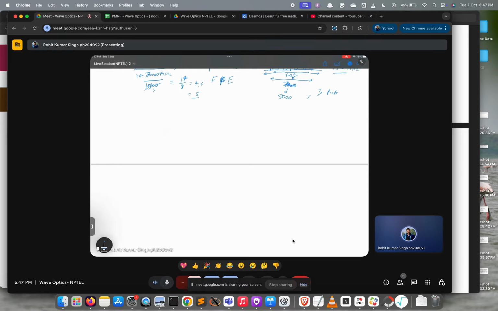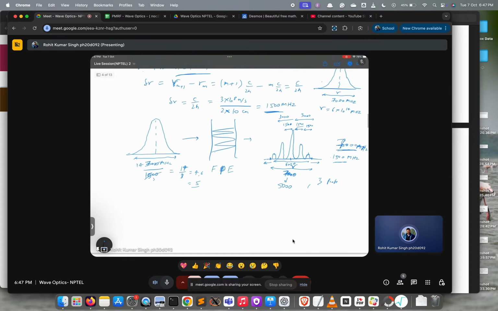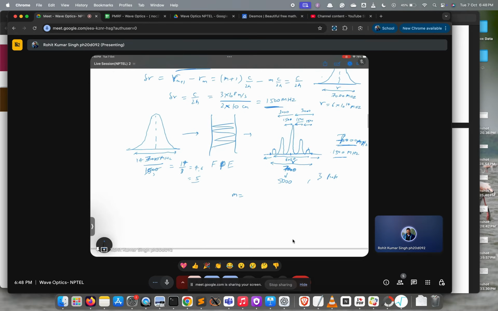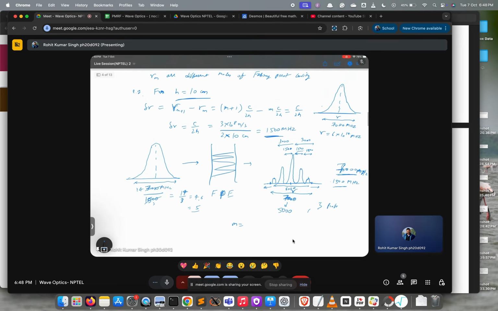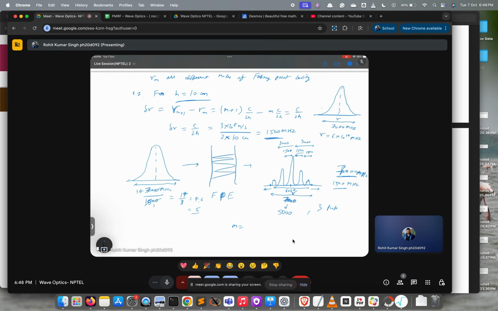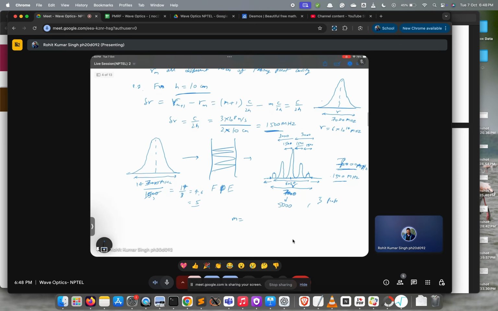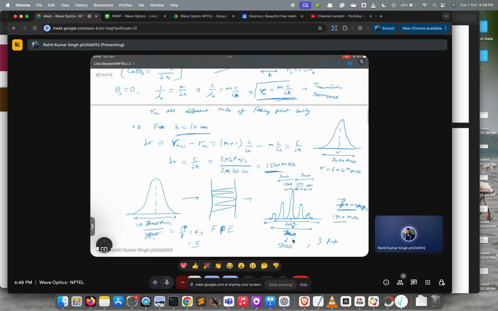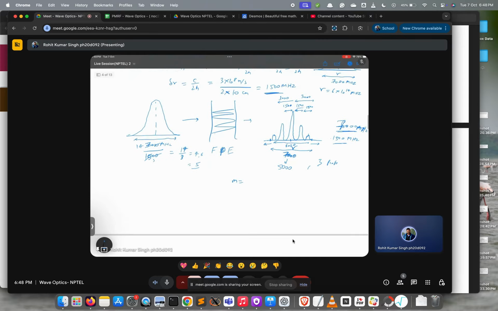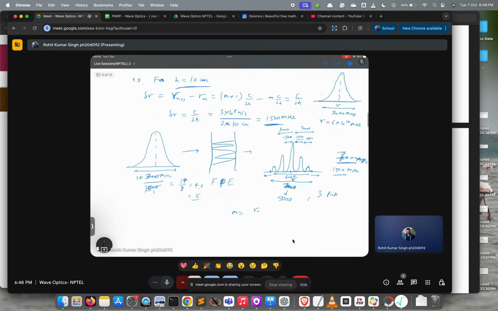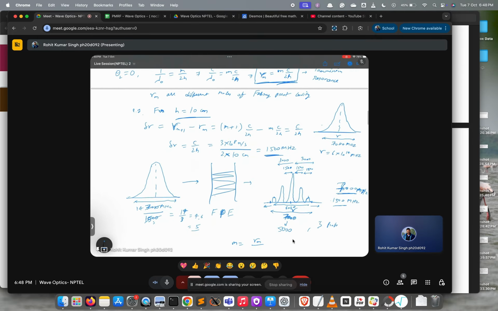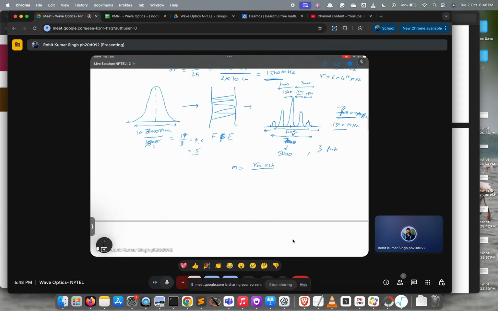Okay, and also you can calculate the value of m. So what will be the value of m here? How do you calculate? For these modes, what is m? m is given by this formula: m is the frequency into 2h divided by c, right?